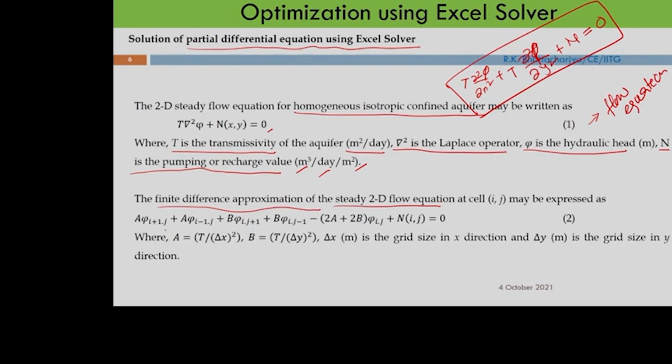I am not showing how you can do the finite difference approximation, but if you apply it, you will finally get this equation, and I would like to solve this equation, where A equals T by del x square and B equals T by del y square. Here del x and del y are the grid sizes in the x direction and y direction.